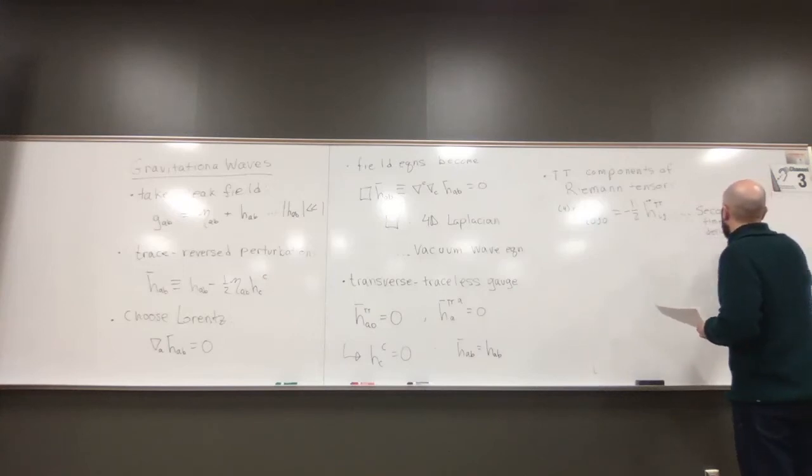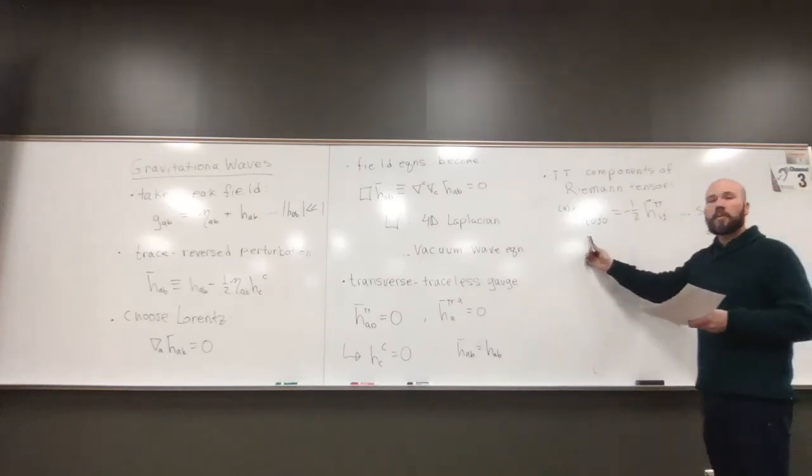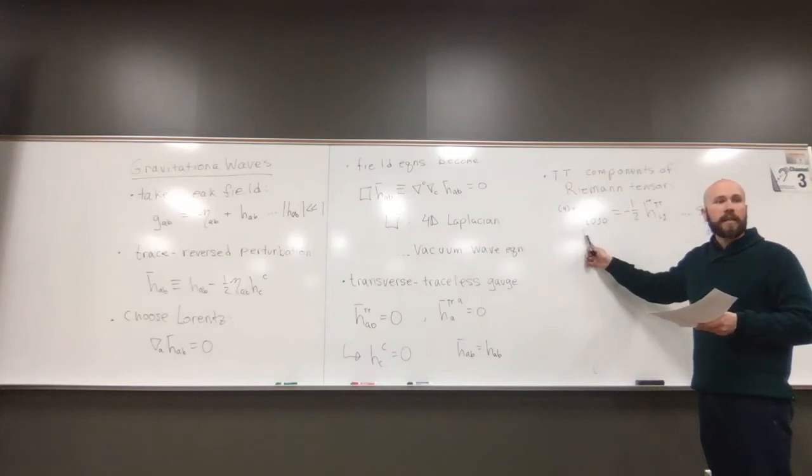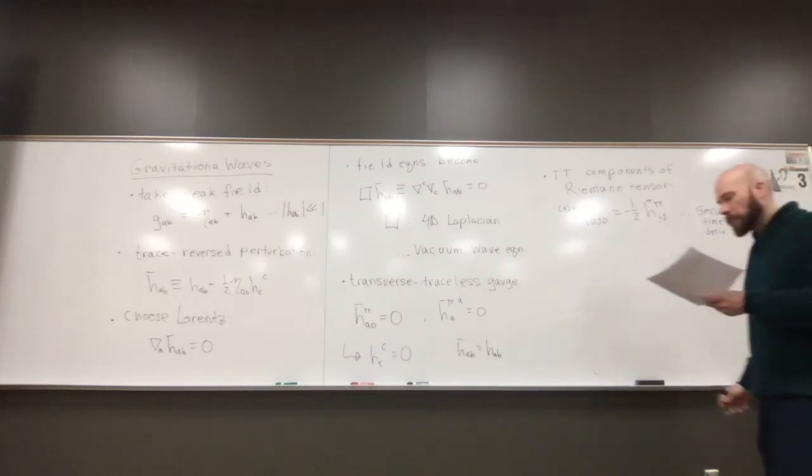That's what the double dot represents. So now I've related the Riemann tensor, which is a fundamental property of the curvature of spacetime, right? That's the thing that really characterizes how curved space is, to this transverse traceless metric perturbation in the weak field limit, specifically a second time derivative of it.